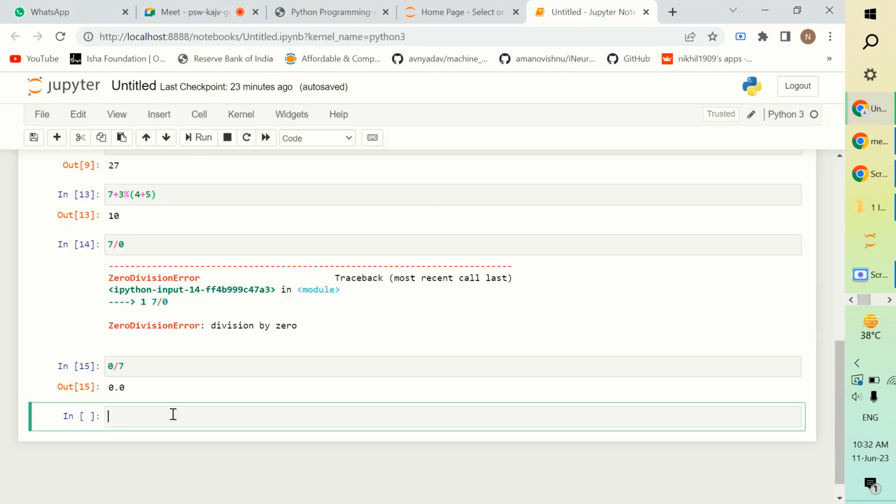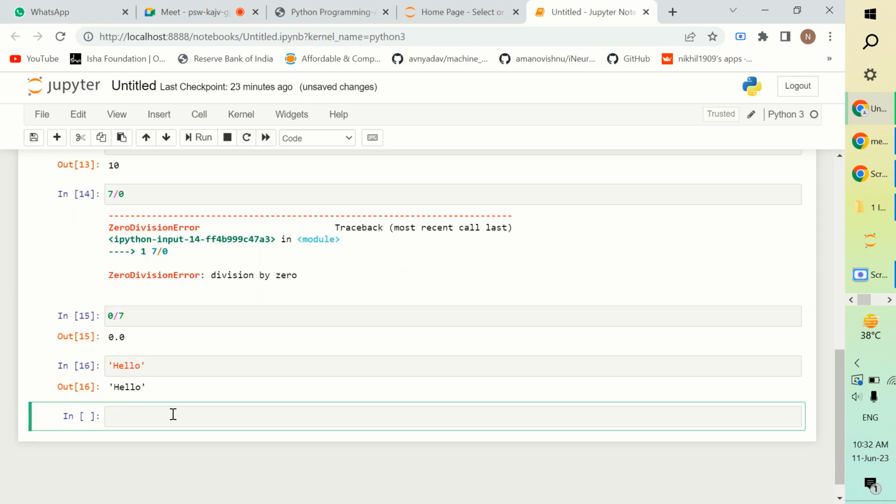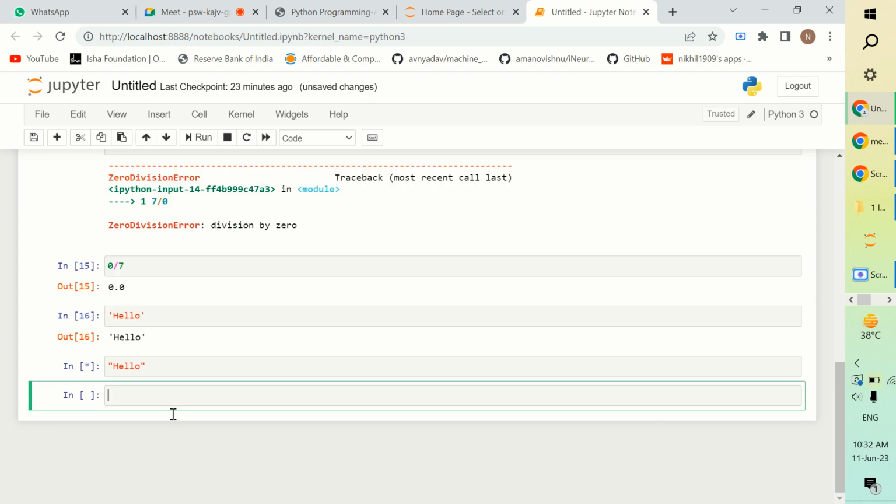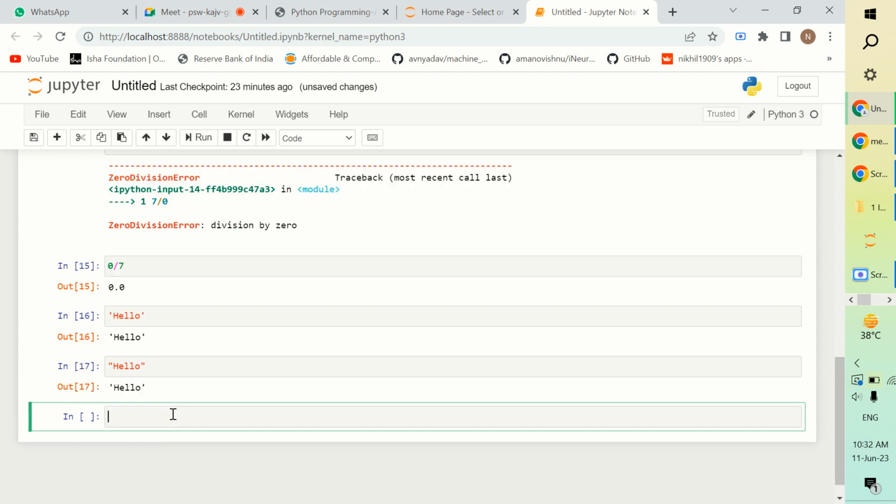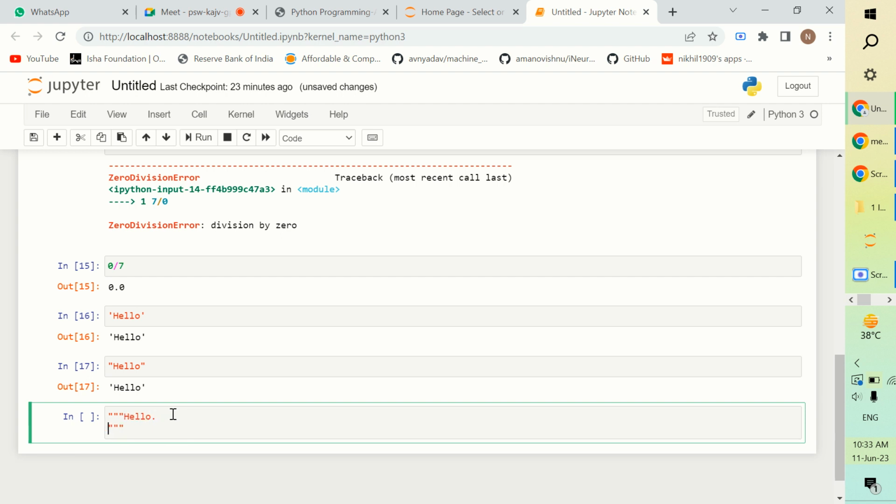So let's say I want to write hello, so I'll use single quotation marks, then I'll write hello, then I'll get that. I can use double quotation also like this. So I'll get this. I can use triple quotations also. Triple quotations is used when you want to write something in multiple lines. So let's say I want to write hello, and after that I want to write how are you.